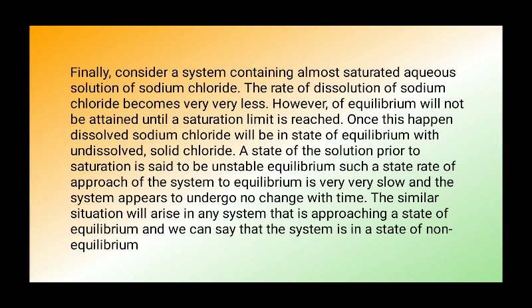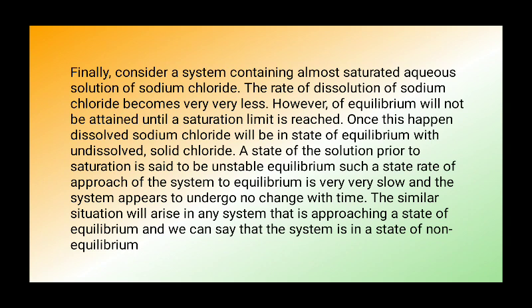Finally, consider a system containing almost saturated aqueous solution of sodium chloride. The rate of dissolution of sodium chloride becomes very low. However, the equilibrium will not be attained until a saturation limit is reached. Once this happens, dissolved sodium chloride will be in a state of equilibrium with undissolved solid sodium chloride.